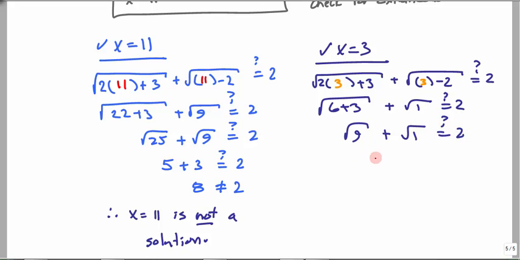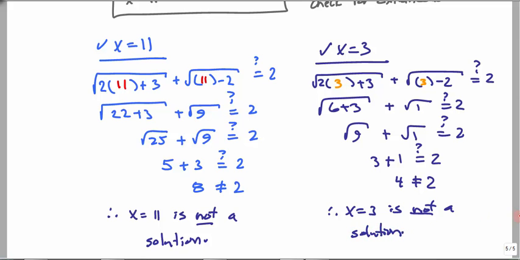Square root of 9 is 3. Square root of 1 is 1. So here we have 3 plus 1 is 4. 4 does not equal 2. Now remember, if this had been a minus sign, it would have worked, but that's what happens with extraneous roots. Therefore, x equals 3 is not a solution either. It's an extraneous root.